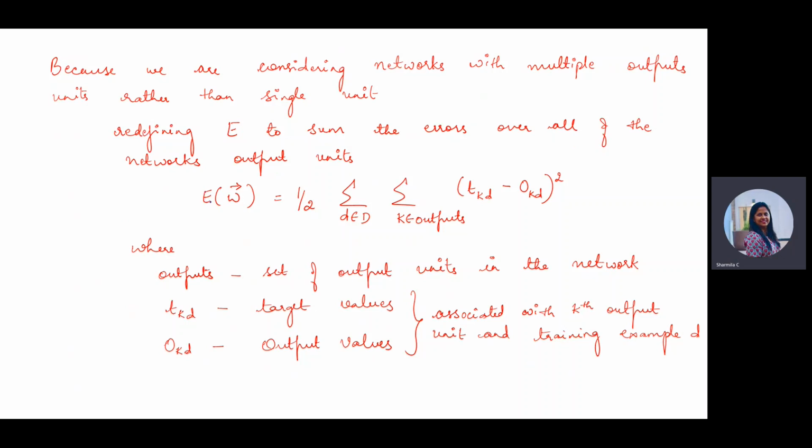The error with respect to the weight vector equals 1 divided by 2, sigma over d belonging to D, and again sigma over k belonging to outputs, because it is a multi-layer network, of (t_kd, the target value, minus o_kd, the output obtained by the multi-layer network) whole squared, where outputs is the set of output units in the network. Here t_kd is the target value, and o_kd the output value, associated with the kth output unit and the training example d.